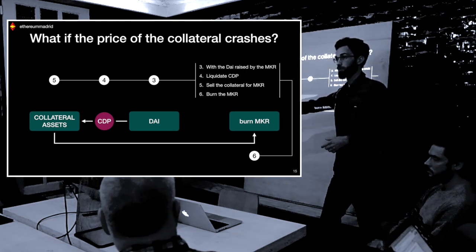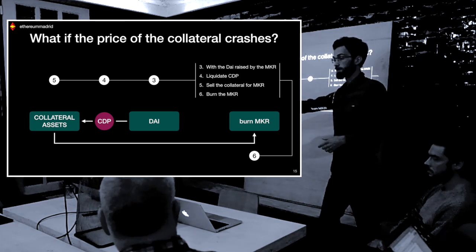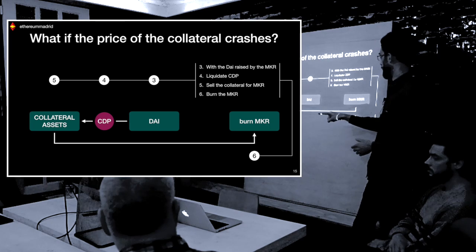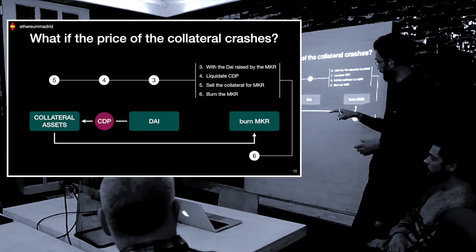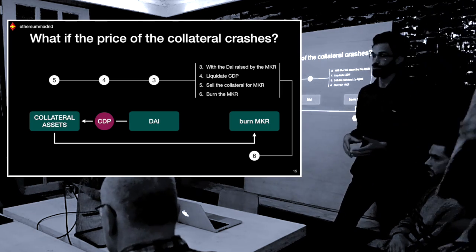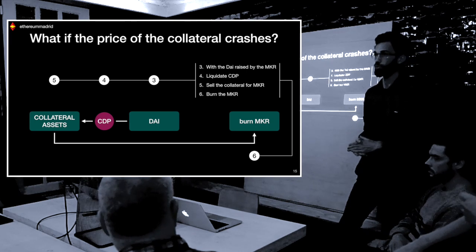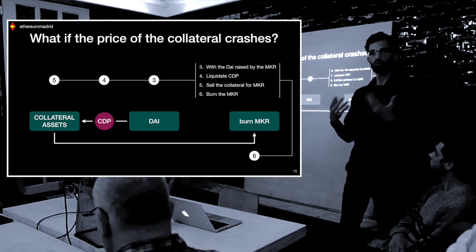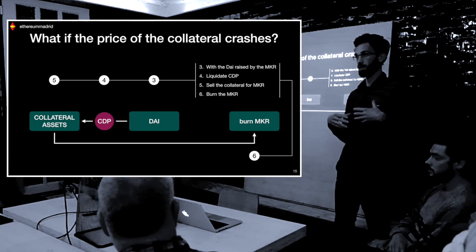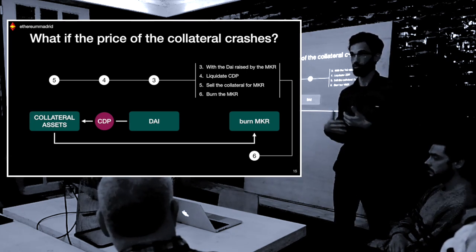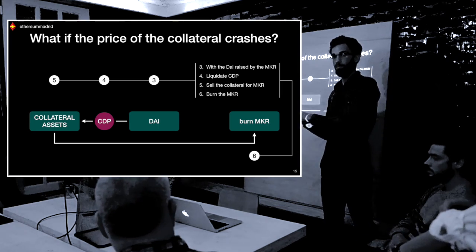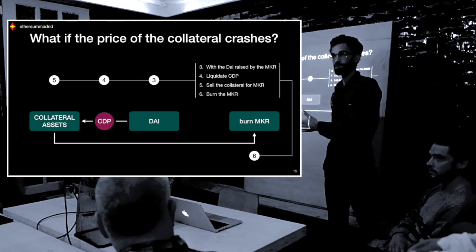And we can get the collateral back, and we can sell that collateral to try to compensate for the MKR value loss that was caused by generating new MKRs. So the process is, we generate new tokens by the system, so nobody's doing it, it happens automatically. With that value, we buy back DAI from the market.